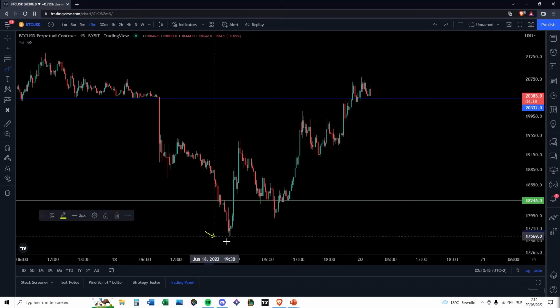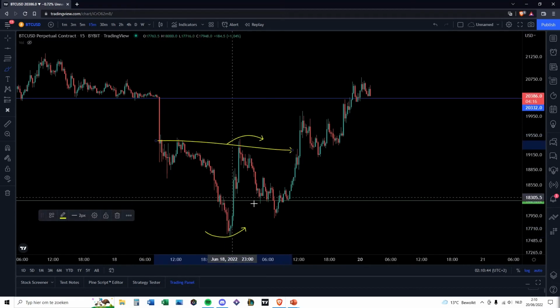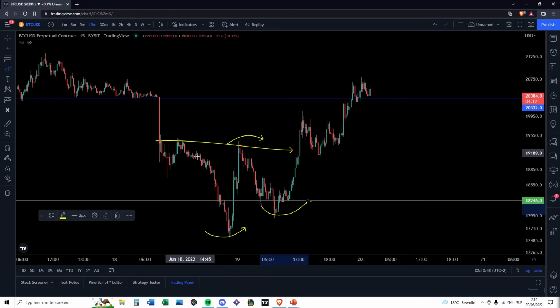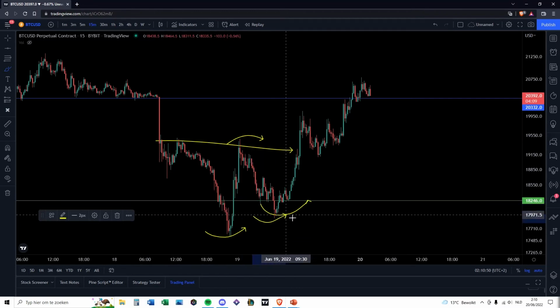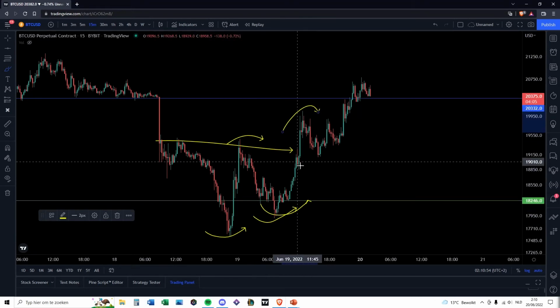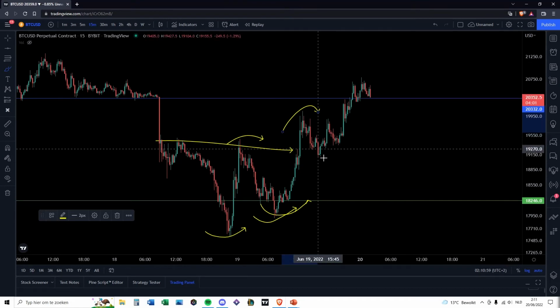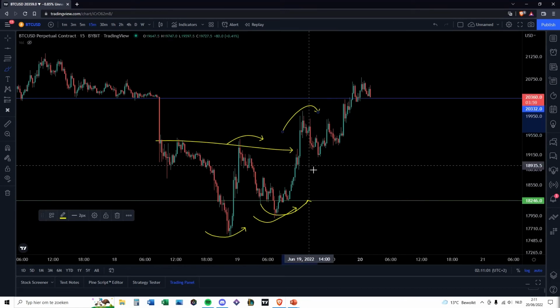Basically, if you see this, you see this, and you have a higher high, you should be triggered. This is not normal because we have a higher high, a higher low, and then we have a higher high. So this will mean that we have a bigger chance that it will be a higher low again.